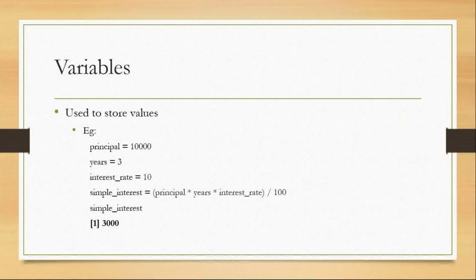So principal is a variable which takes 10,000 as input. Years is a variable which stores 3. Interest rate is a variable which stores 10. And then simple interest is a variable which stores the output of PNR by 100, that is principal into number of years into rate of interest by 100.